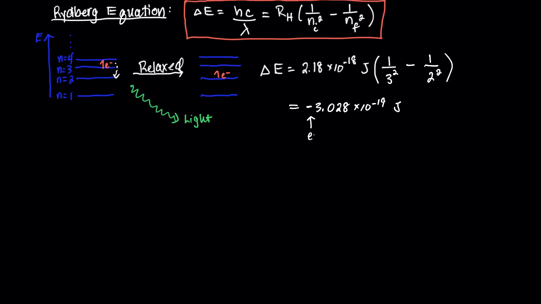So a negative energy actually means that this is an emission process. The electron is going to lower energy and giving off light. But again, if you're going to use it to report an energy of light or a wavelength, we're going to take the absolute value. So just make a note.